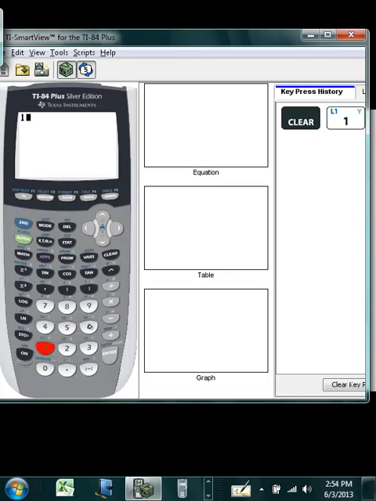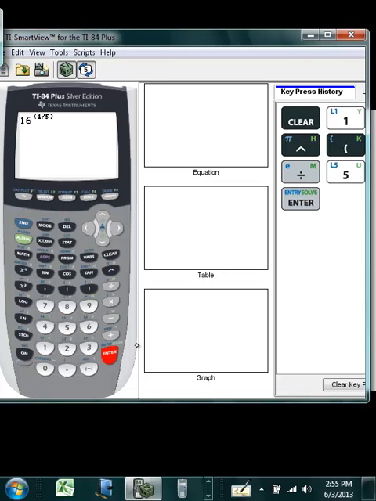So I could do 16 raised to the 1/5 power. And that's how we can evaluate the fifth root of a number, for example.